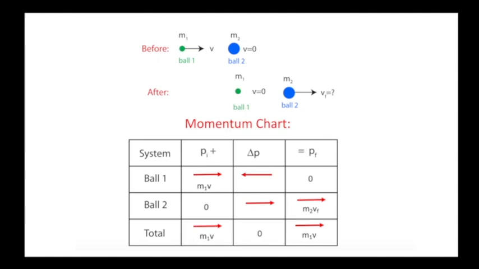So reading down or to the right across these gives you equations that are either summing up each piece or progressing through time. And so let's walk through how we can fill out this momentum chart based on the situation that we had described to us.